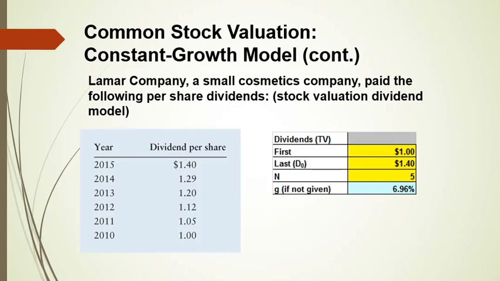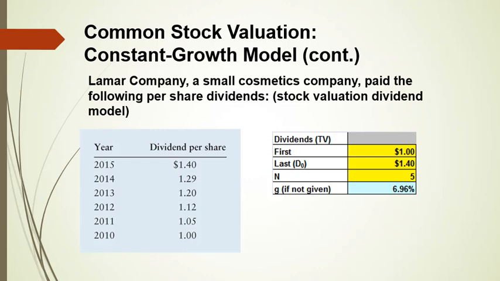So let's think first, we're talking about something referred to as the constant growth model, where we have to have some idea or forecast on what we think will happen to dividends in the future. So we need to calculate the predicted growth rate of dividends.